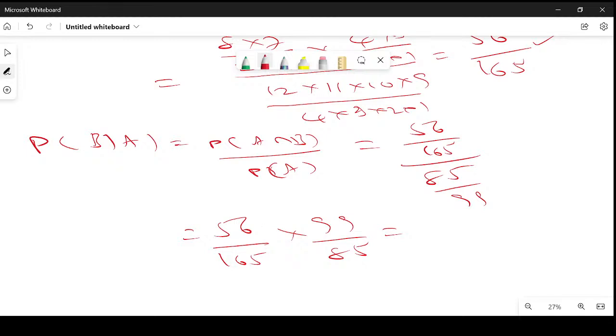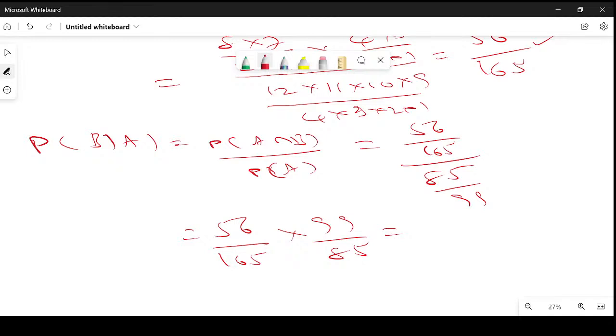Anyone got the simplification answer, final answer? Can you share me your answer after simplification? What do you get after simplification? 56 by 165 into 99 by 85. Anyone? Let me know the final answer. Reverse 11 table, right?